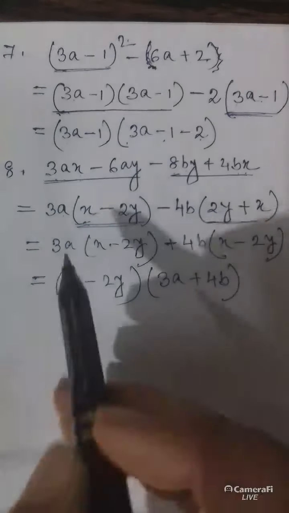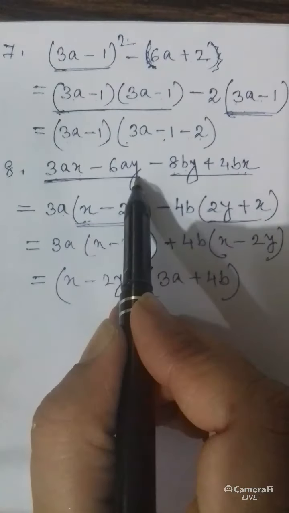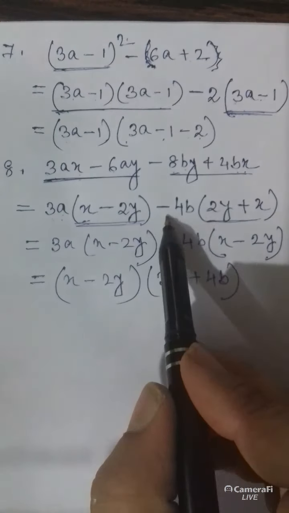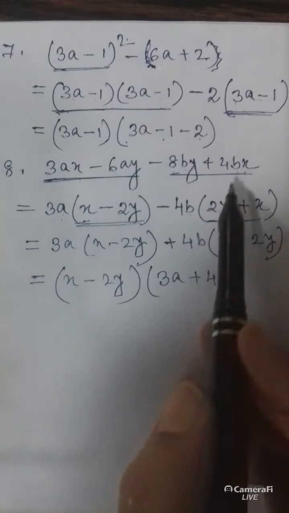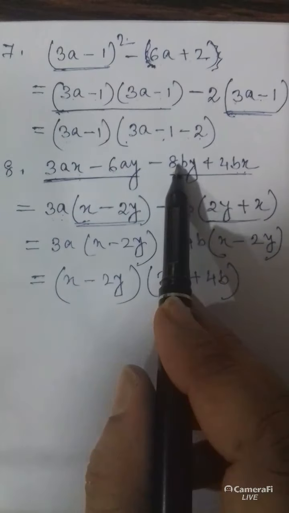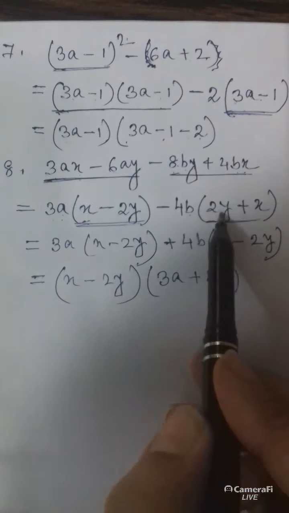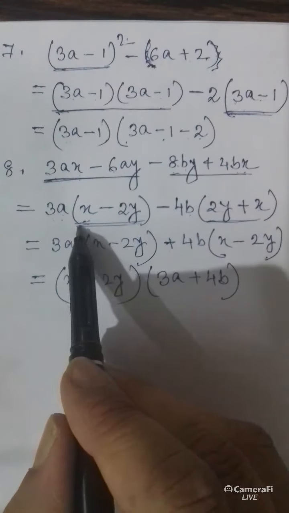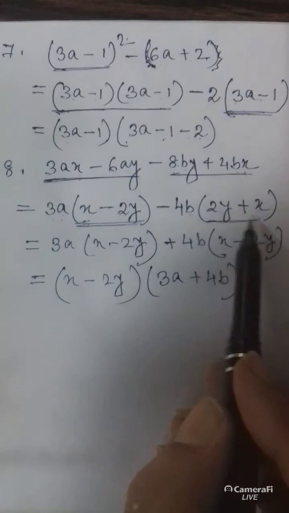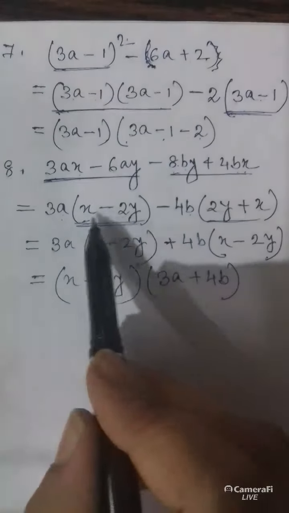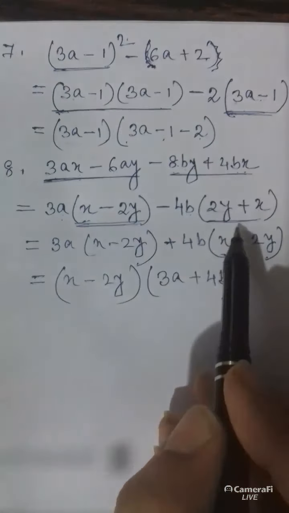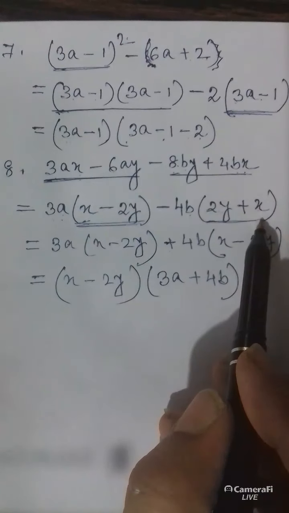Clear? 3ax minus 6ay, 3a is common, left x minus 2y, and minus 4b common, left 2y plus x. But here the two terms are 3a into x minus 2y, and 4b into 2y plus x. Here it is x minus 2y, here it is 2y plus x.